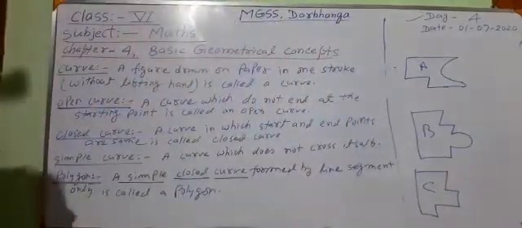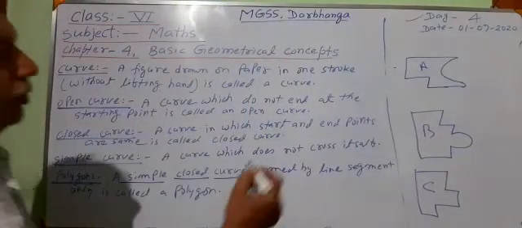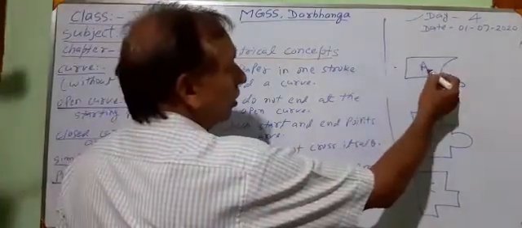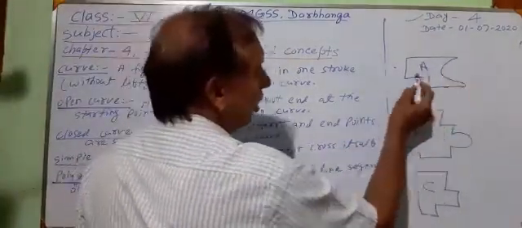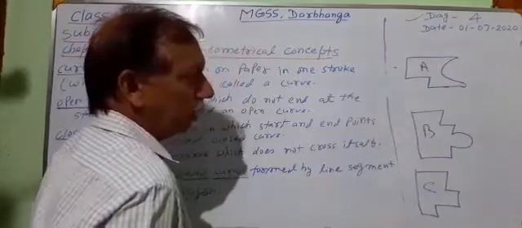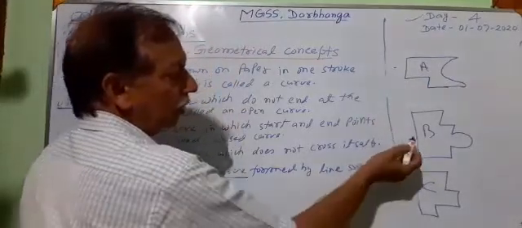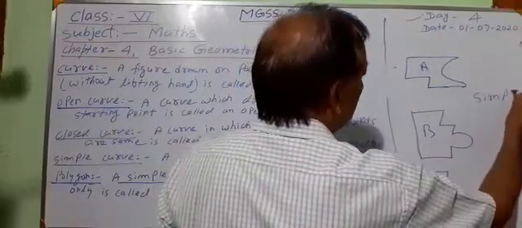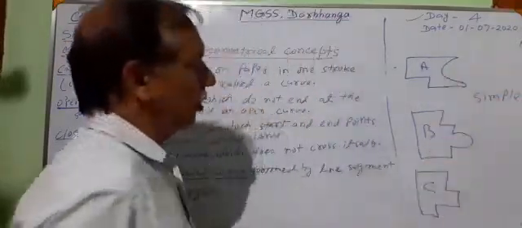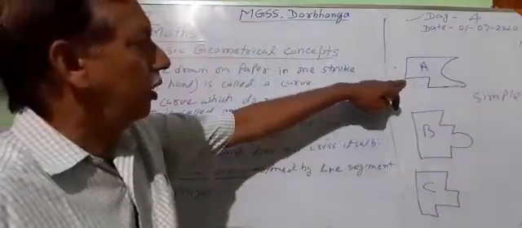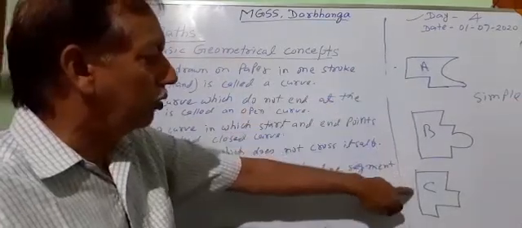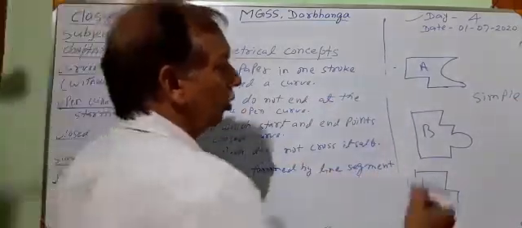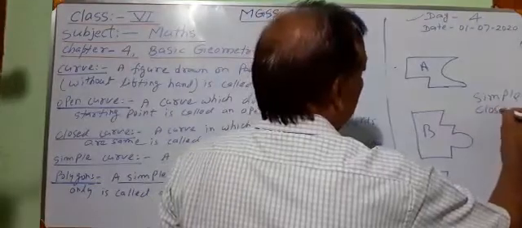Here we are seeing this is also a simple closed curve. Simple because no side is crossing another side. All are simple. All are closed. There is no free end. So all are closed. Simple, closed.